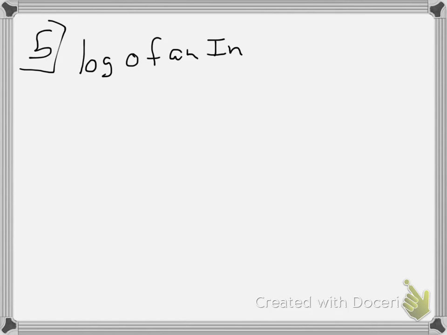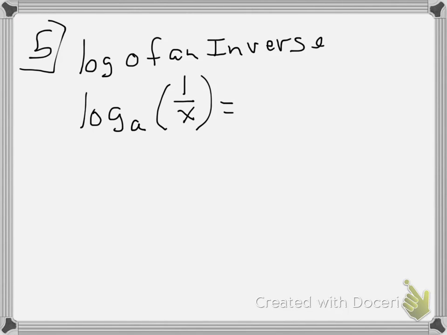Now the fifth property we have here is the log of an inverse. In other words, if I have the log of any base of 1 over x, it equals negative log of that base of x.